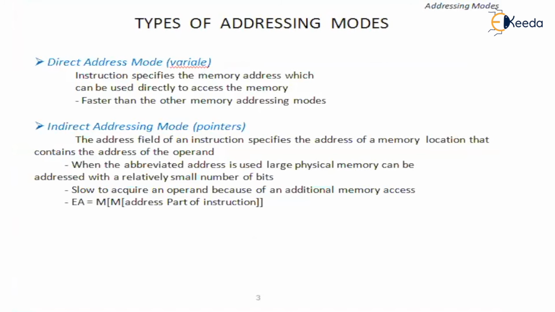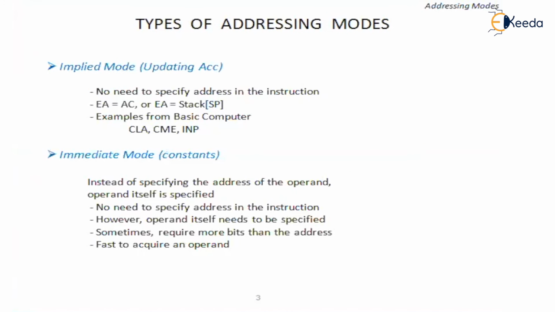Now, what are the examples for implied addressing modes? All the register reference instructions will come under implied addressing mode. Just remember the register reference instructions. CLA, clear accumulator. CLE, clear extended accumulator. Sorry, CMA, complement accumulator. CME, complement extended accumulator. CIR, accumulator content should be rotated right.